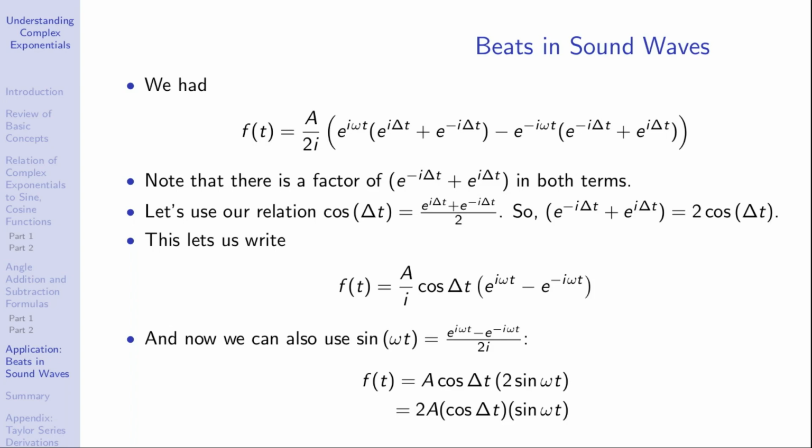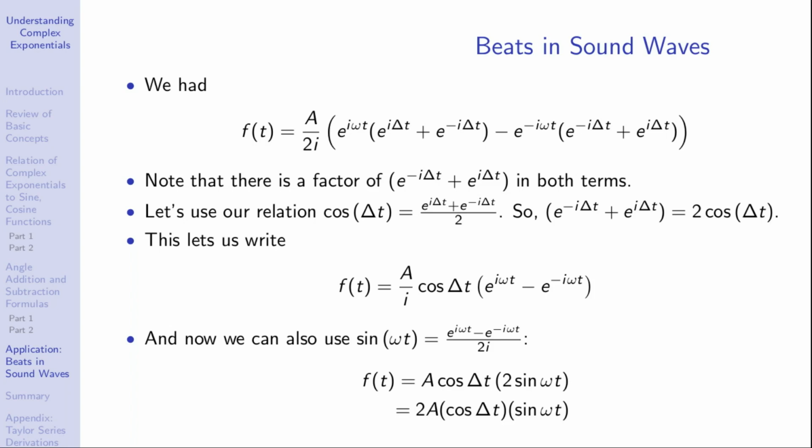So this lets us write f of t equals a over i cosine of delta t times e to the i omega t minus e to the minus i omega t. And now we can also use the relation that sine of omega t is equal to e to the i omega t minus e to the minus i omega t over 2i.